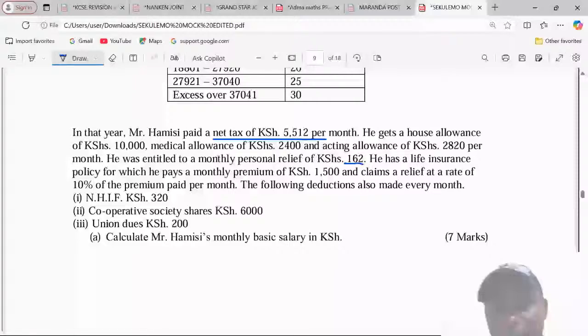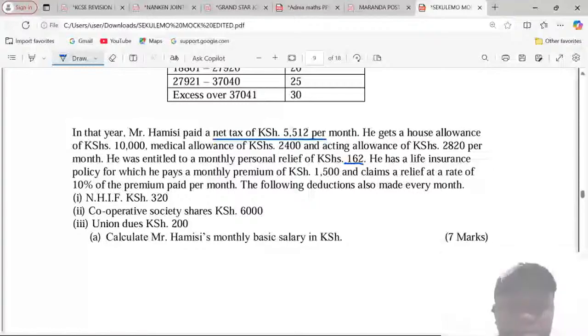Then we are also told that he has an insurance policy for which he pays a monthly premium of 1,500 Kenya shillings and claims a relief at a rate of 10% of the premium paid per month.